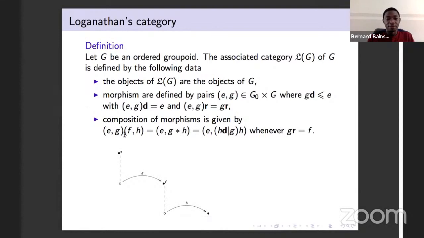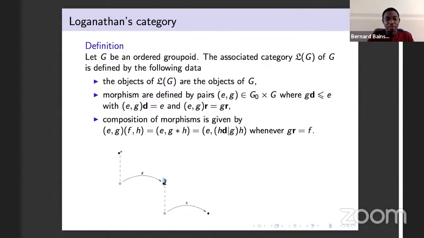In particular, if you have two morphisms, (e, g) and (f, h), then their composite will be (e, g star h). So this is our e, this is our g, this is our f, and this is our h. This composition is going to be defined provided that the range of g is the domain of h. Otherwise, we cannot do the composition.